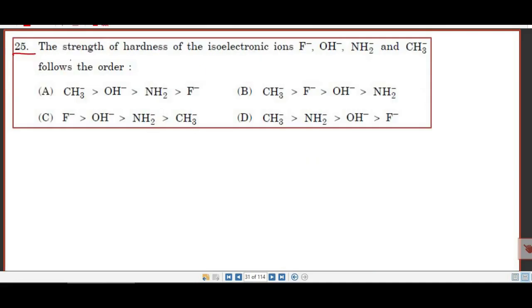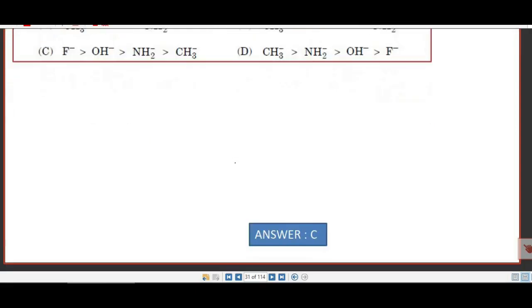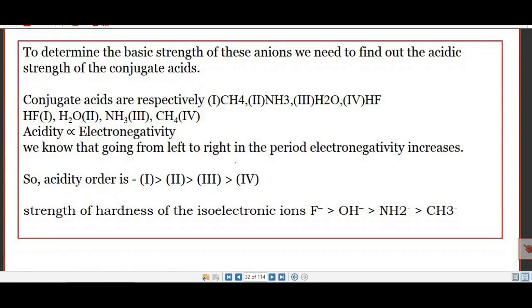Question number 25. The basic strength of the isoelectronic ions F minus, OH minus, NH2 minus and CH3 minus is in which order? Let us take the conjugate acids. To determine the basic strength of these anions, we need to find the acid strength of the conjugate acids: HF, water, ammonia and methane.